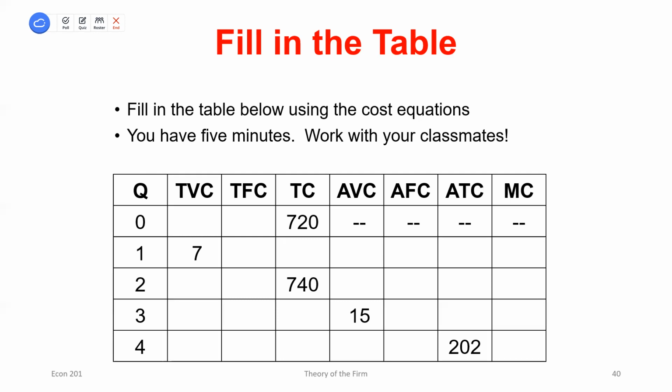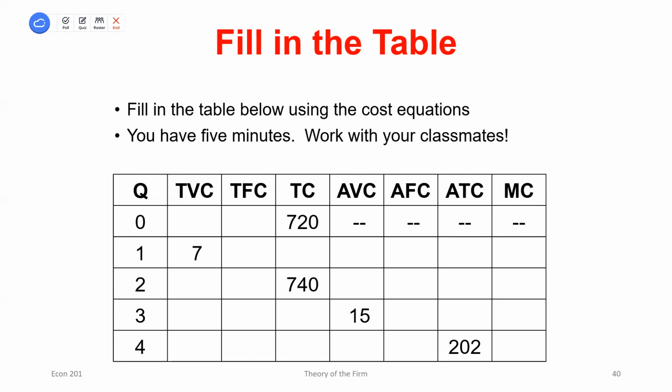So if this is 202 at a quantity of 4, it's going to be a little bit of algebra to get that my total cost would be 4 times 202. Sometimes we can plug things into our average equations and do a little bit of algebra to solve for the one thing we don't know. Here, the one thing we didn't know was total costs. So we now know that those are 808, or 4 times 202.